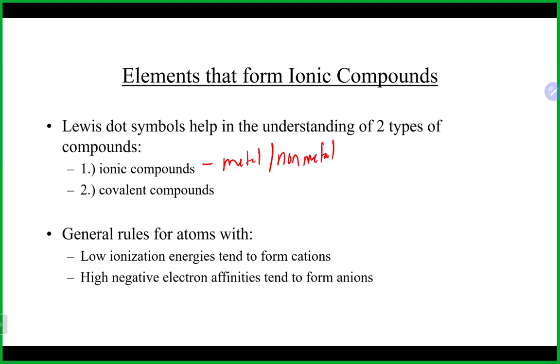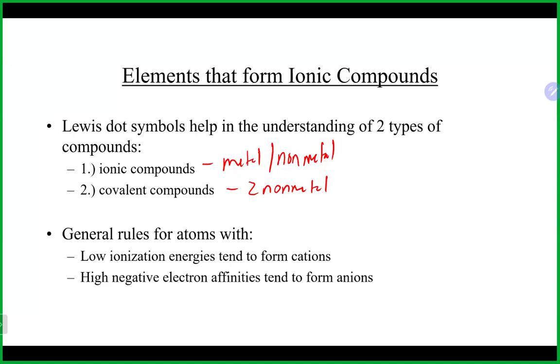You don't really have to question it or anything like that. Covalent bonding, again, is going to be our 2 nonmetals coming together. And as we talked about earlier, and we'll talk about again as we go through this chapter, the major difference here is how those electrons end up. In the case of our ionic bond, we're going to get a transfer of electrons. In the case of covalent bonding, we're going to get sharing of electrons.